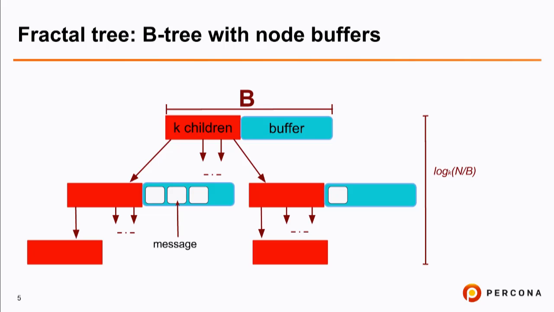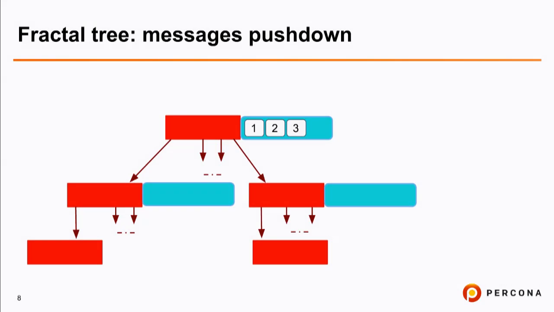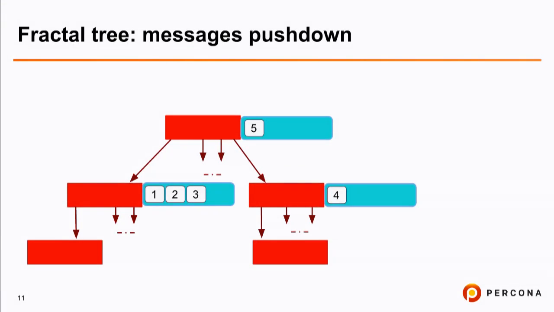If you want to do a write operation, there is no need to read the leaf, make some changes there and write it down. We just push messages into the buffer. And when the buffer is full, the messages are pushed down to the children of the node.